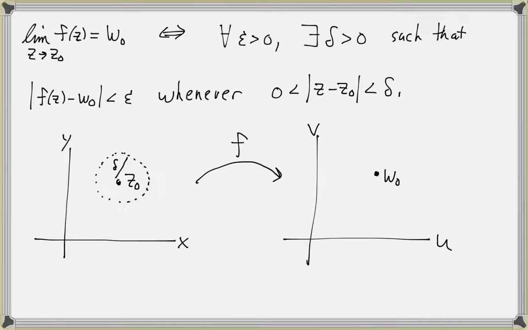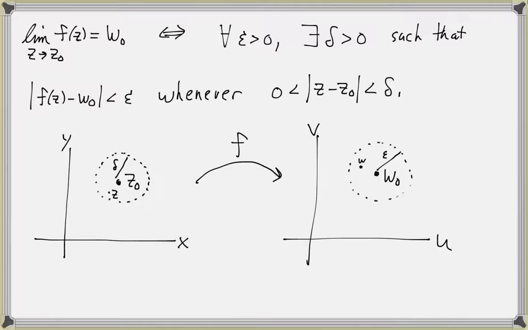So if we choose any value of z in this deleted neighborhood of z0, then when we map that value of z, it will be within an epsilon neighborhood of w0. So if I draw an epsilon neighborhood around w0, we see that f of z is going to be in this epsilon ball.